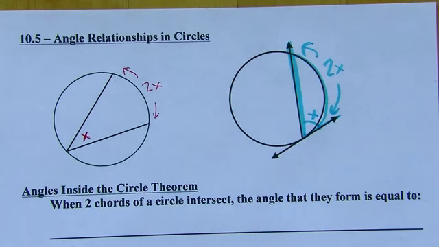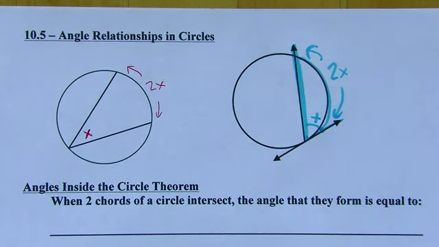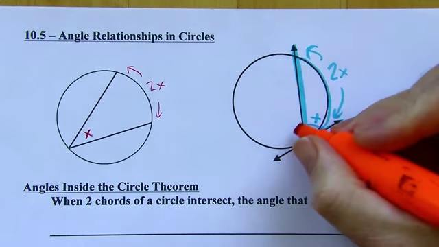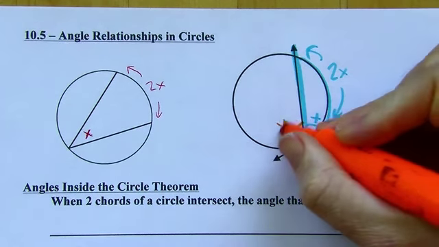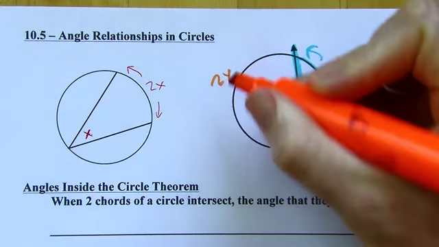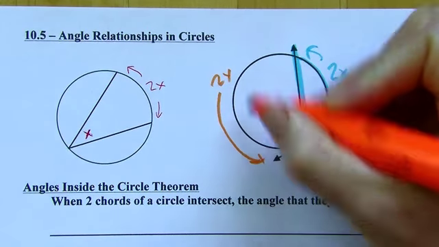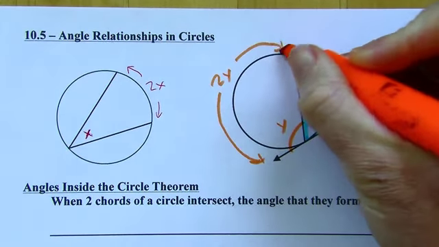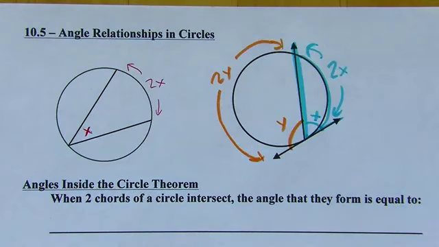And we could do the same thing on the other side. So if I call this y, then this arc out here is going to be 2y. So it's really the same kind of situation. It's just that one of the rays is outside of the circle.